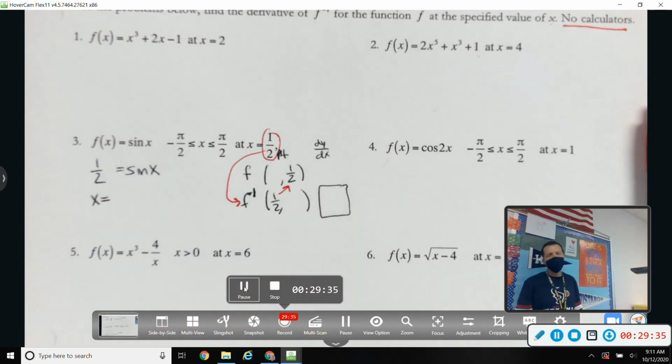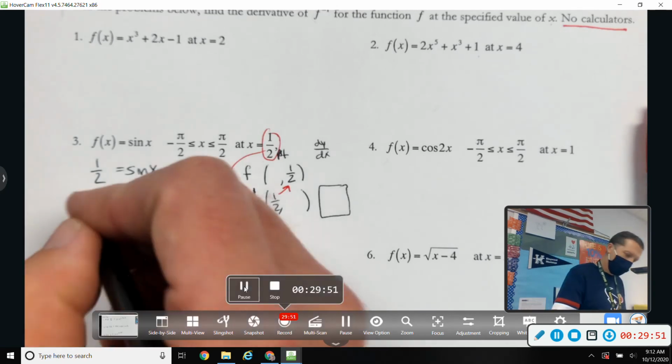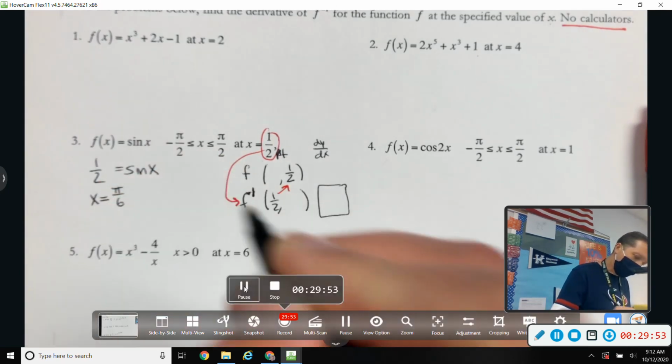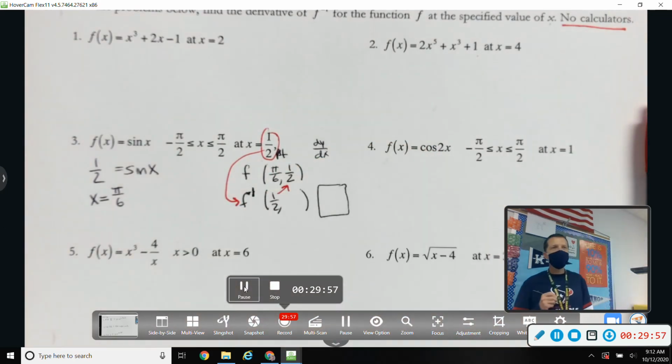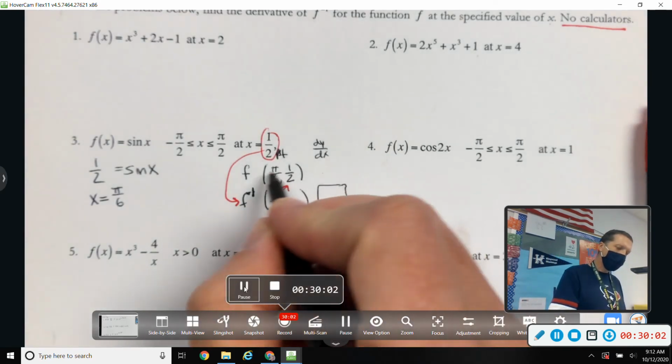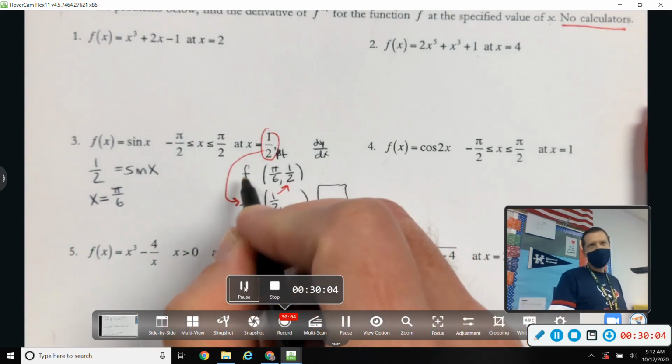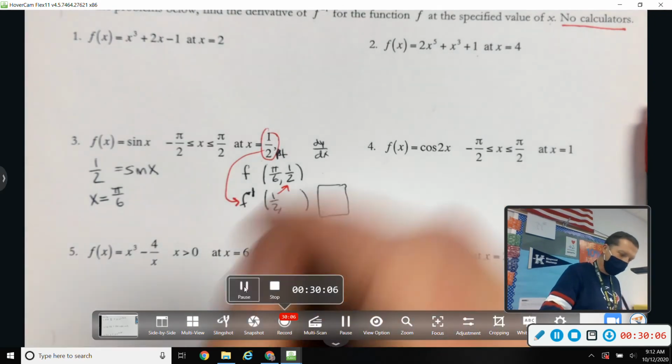So what angle has a sine of 1/2? Strained faces all around. Pi over 6. So x equals pi over 6. We need that because that's where we want to find the derivative of the original. And once we have that, we'll flip it over to get the answer that we want.